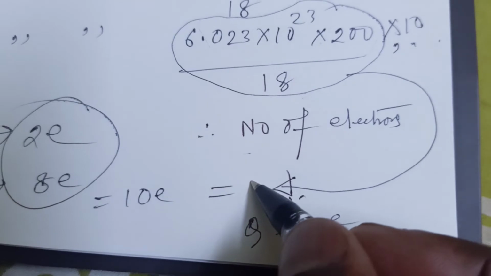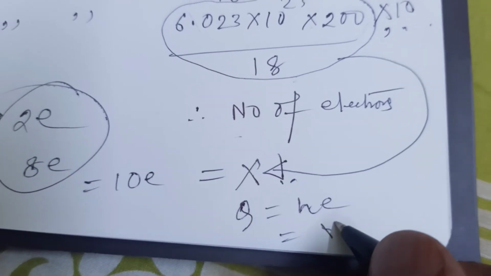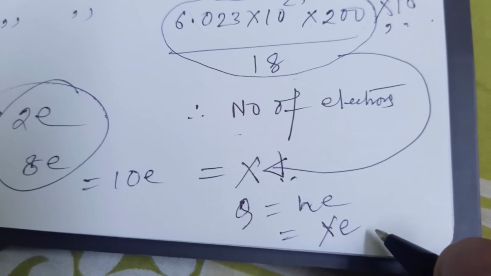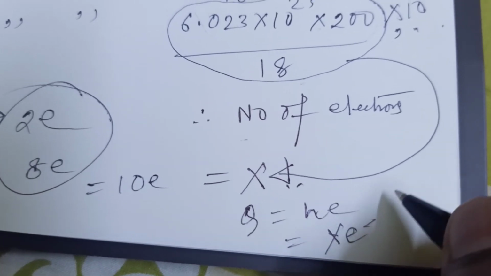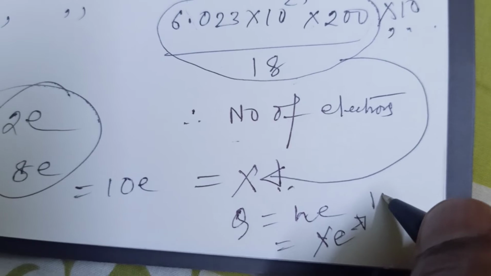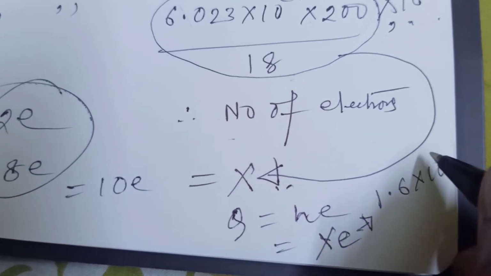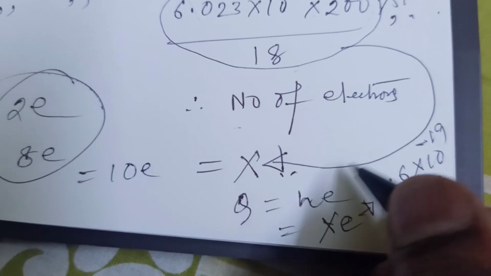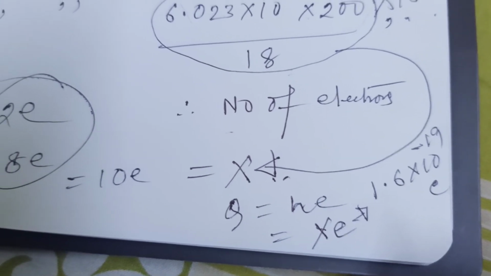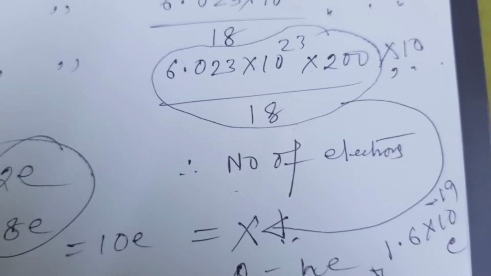So if we say this is X, then Q equals X e, and e is the electronic charge. So e means 1.6 into 10 to the power minus 19 coulomb. So this is the charge contained within the cup of water.